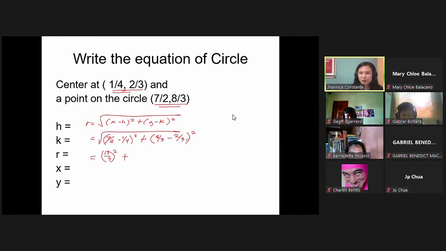Plus 8/3 minus 2/3. This one is easy since they have the same denominator, so you're just going to subtract the numerators. So 8 minus 2 is 6, 6/3, which is equal to 2. Did you follow?